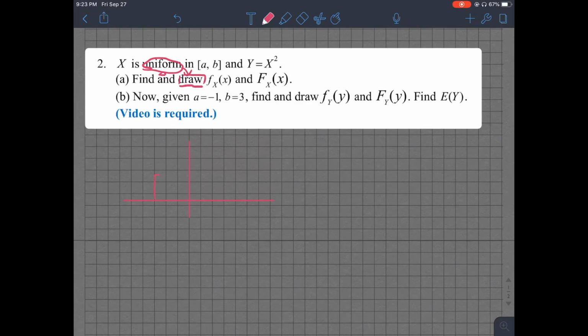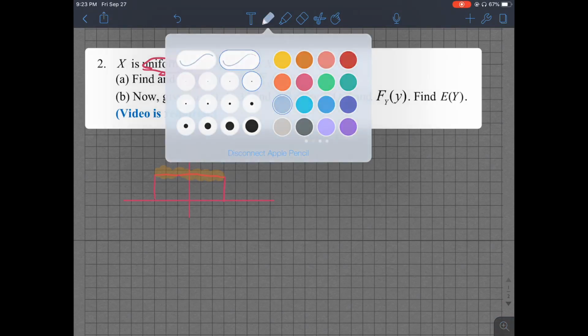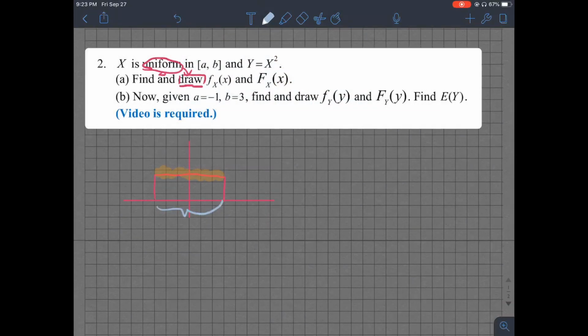Basically, it's just like a square because at each step they are the same. So in this interval, we get the same value. That's the meaning of the uniform distribution.